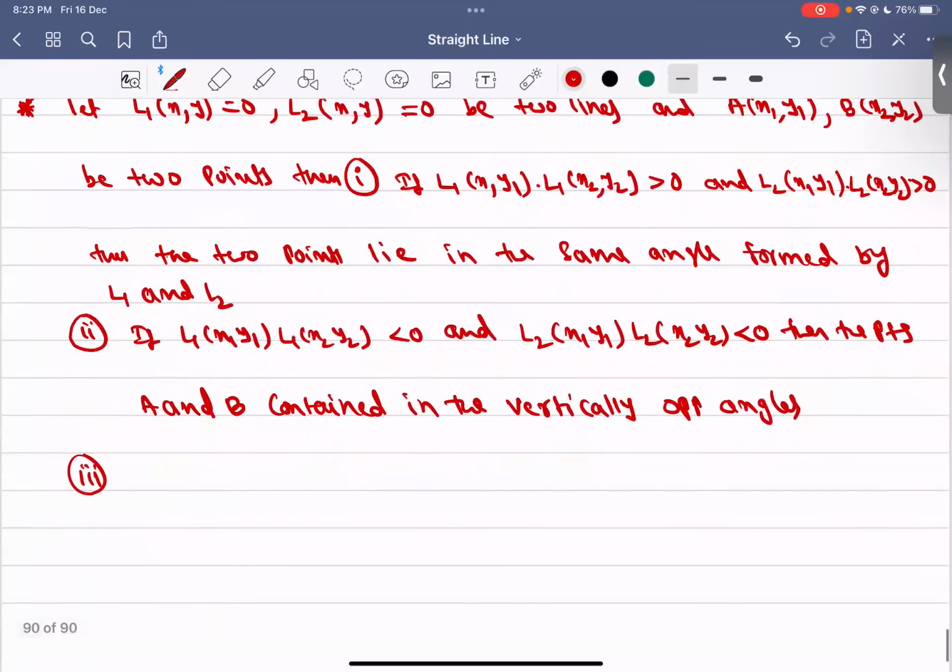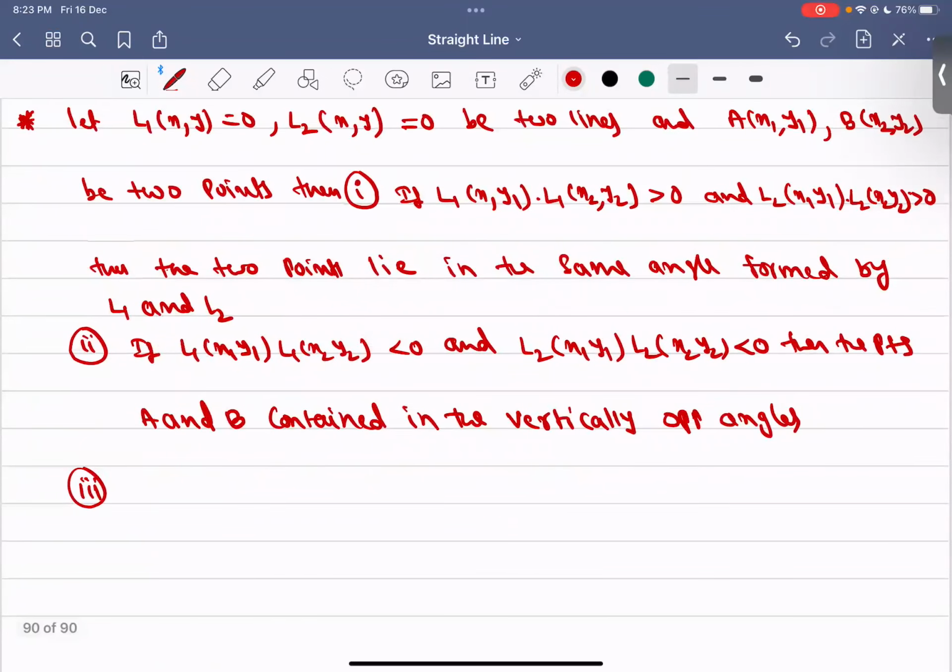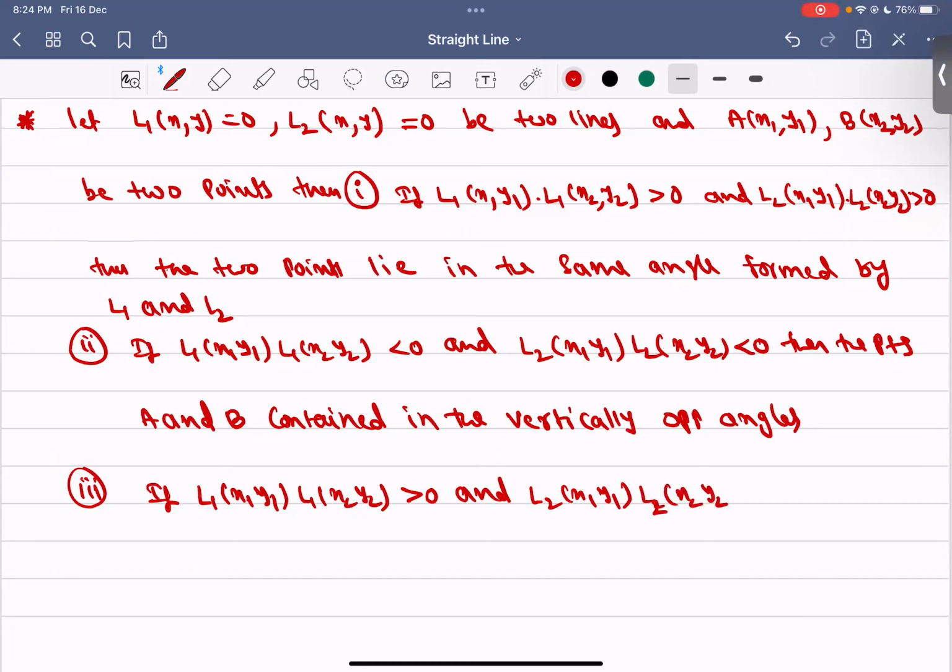Third one is: L1 of x1 y1 into L1 of x2 y2 is greater than 0, and L2 of x1 y1 into L2 of x2 y2 is less than 0, or vice versa.